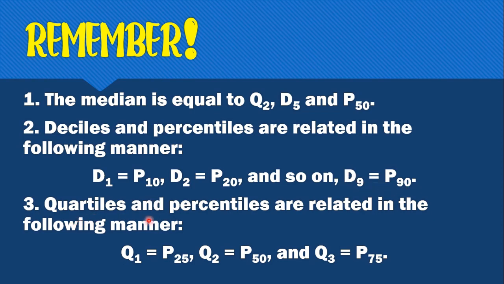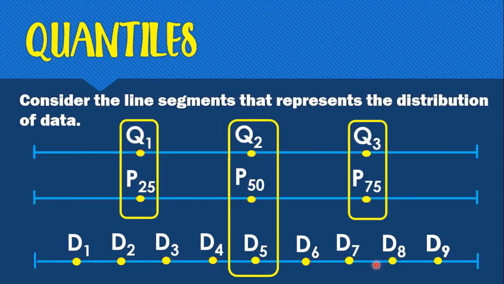And then quartiles and percentiles are related in the following manner. Our Q sub 1 is equal to P sub 25, Q sub 2 is equal to P sub 50, and our Q sub 3 is equal to P sub 75. As illustrated in the line segments for the given quantiles, we have the quartiles, percentiles, and the deciles.